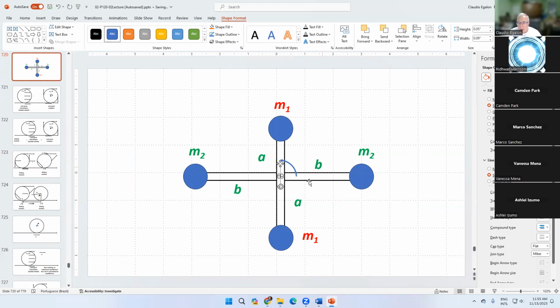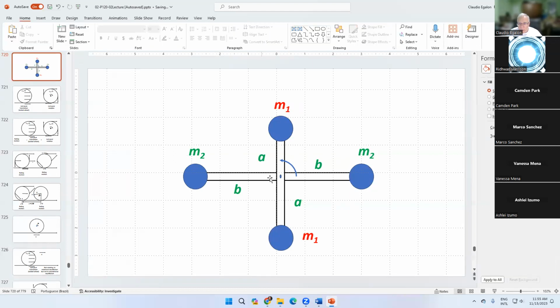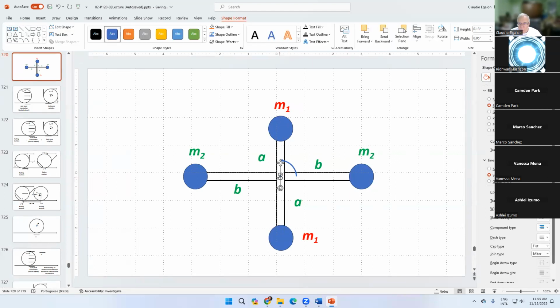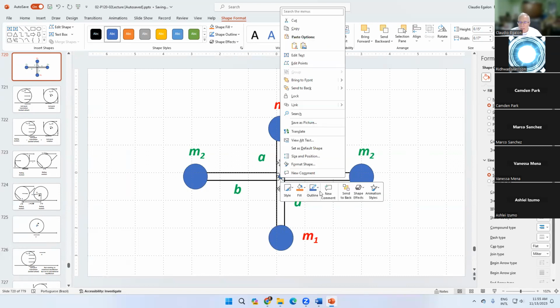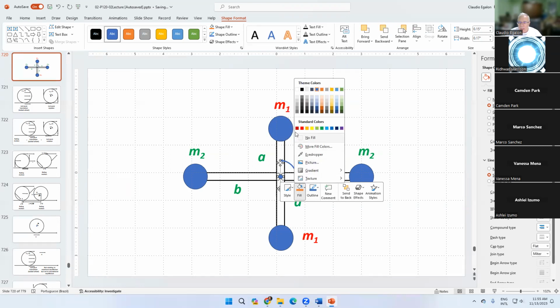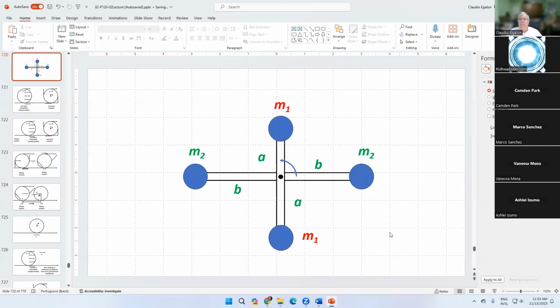Right here. That indicates the angular velocity vector of the baton.